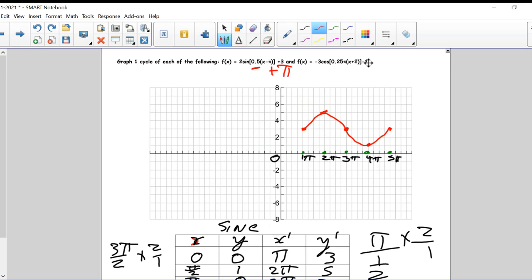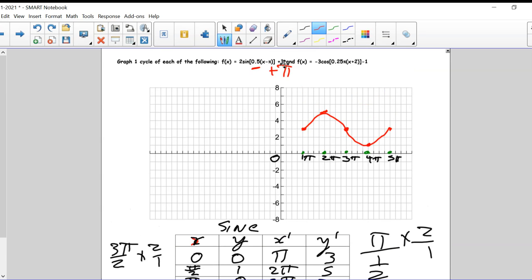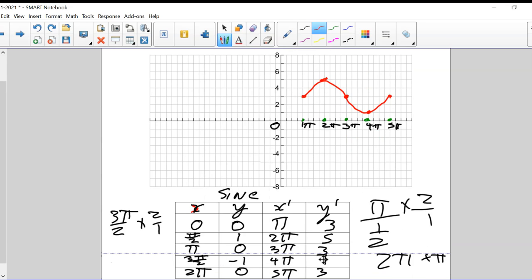No, sorry, the first one was this one. My vertical translation of 3, and here is my vertical stretch of 2. So my high point should theoretically be at 5, which is what this is right there. My low point should be 3 minus 2, which is 1, which is exactly what this graph does.